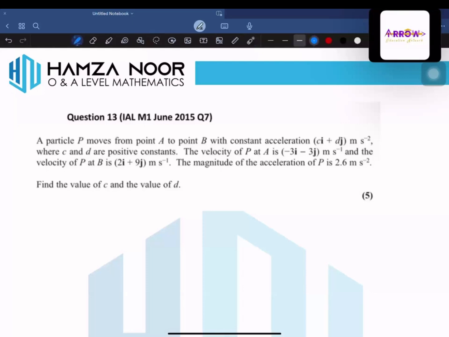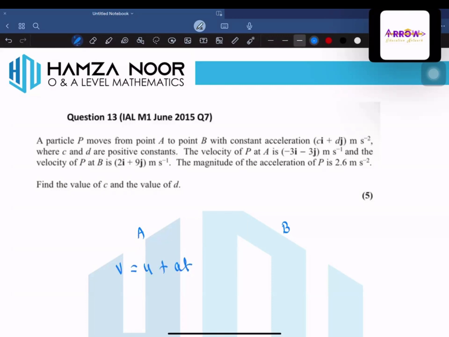Okay, so first thing first, what we know is that there is some acceleration, and we have a journey from point A to point B, and we know the velocity vectors at point A and point B respectively. If I consider the initial point as point A, then at that time t would be equal to 0. So at point A, the velocity vector is the initial velocity vector, and at point B, it is the final velocity vector. So simply we are going to use this equation, v is equal to u plus at.